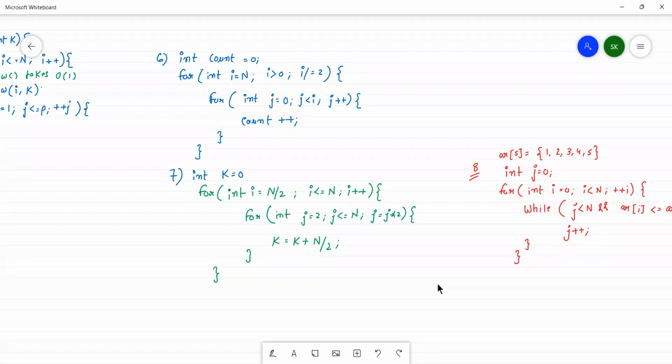But there are chances that it may run up to n time, having 2 loops, if the inner loop runs just one time. So you can't just blindly say that its complexity is order of n square. You should know how to calculate it.